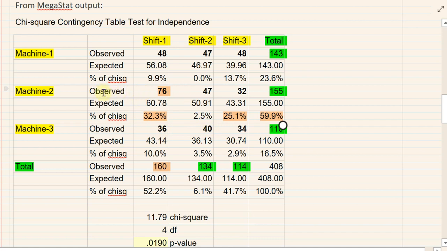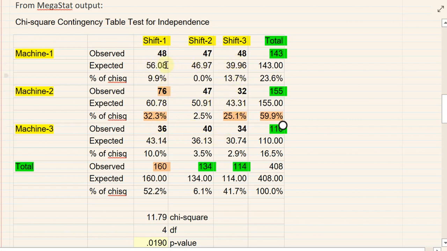Then Megastat calculates the expected frequencies. The expected frequencies are what you would actually expect to see. This is how many rejected handles you would expect to see if the assumption of independence was true. If there was no association between machine and shift, this is what you would expect to see. Now, the formula that gives you these numbers, we're going to skip over.